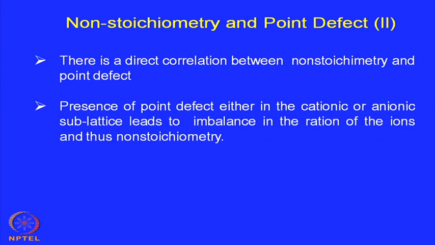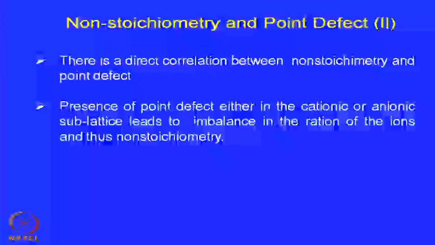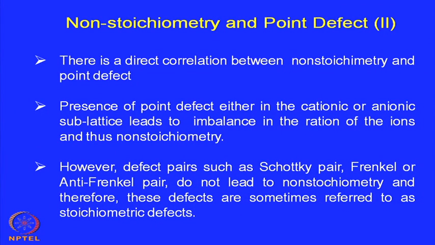The presence of point defects in either the cationic or anionic sublattice leads to an imbalance in the ratio of the ions, and thus to non-stoichiometry. So, non-stoichiometry is basically the deviation from the expected ratio, or the formula ratio.